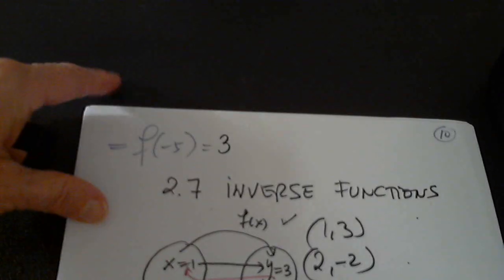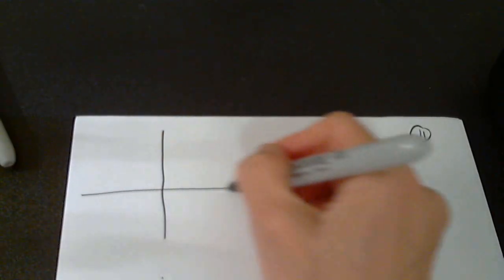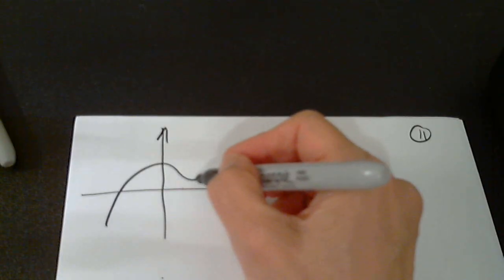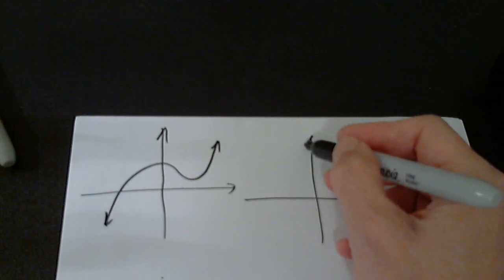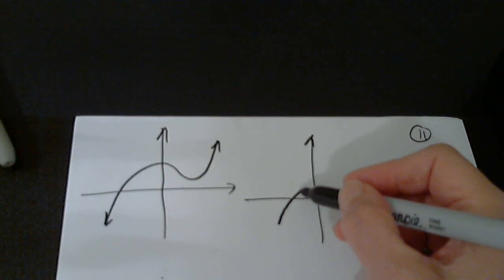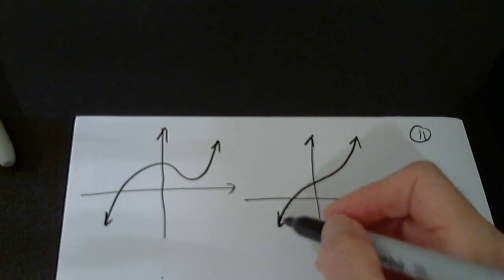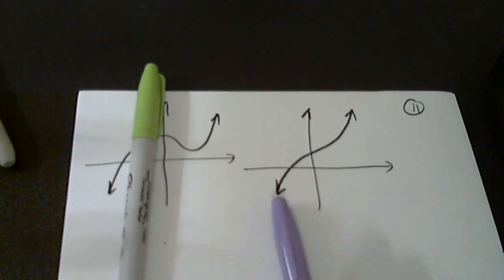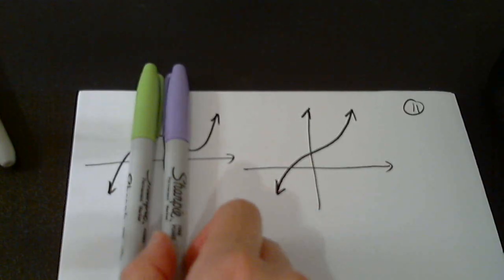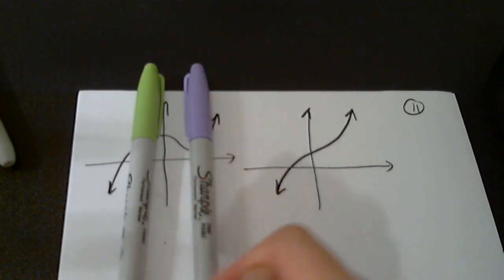Okay, so let me give you a few examples. This is a function, and here's another function. What does the one-to-one property mean? Remember, by the vertical line test, this is a function. By the vertical line test, this is a function.